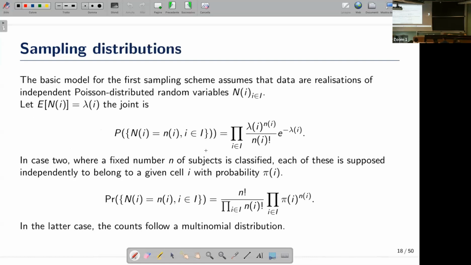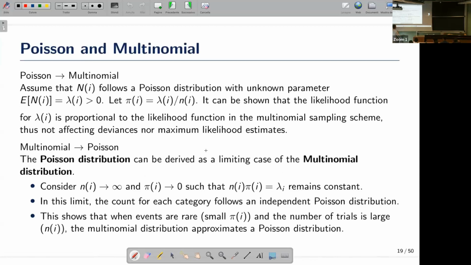In the first case we have the Poisson distribution, and in the second one the multinomial distribution. I hope you are familiar with the Poisson and the multinomial. Anyway, you know that you can go from the Poisson to the multinomial and vice versa by some assumption.